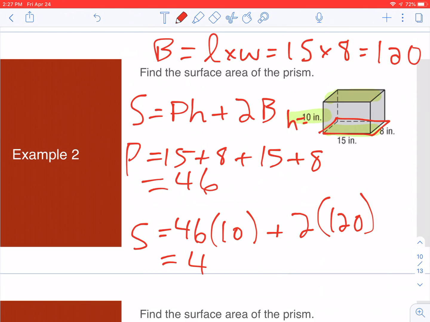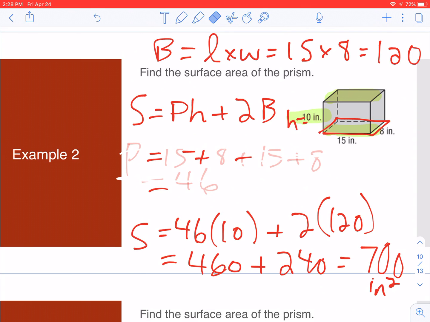And I get 460 plus 240 equals 700 inches squared, or square inches. Now, I just did it the long way. You guys all know the shortcut. Hopefully you do.